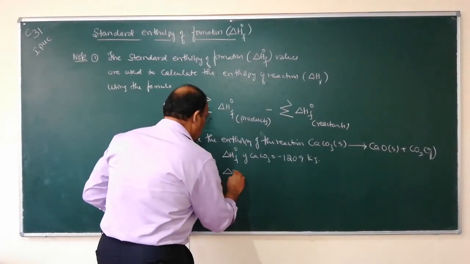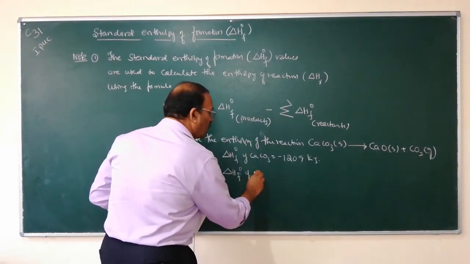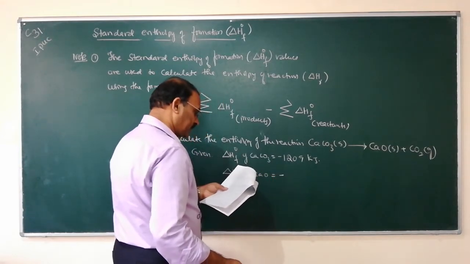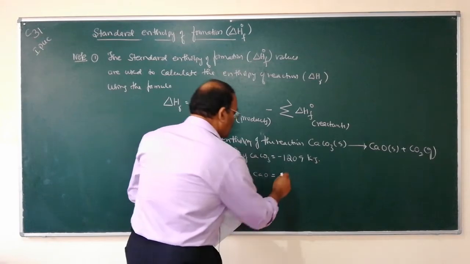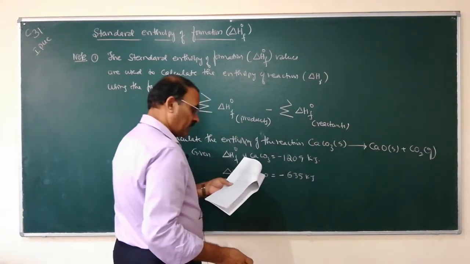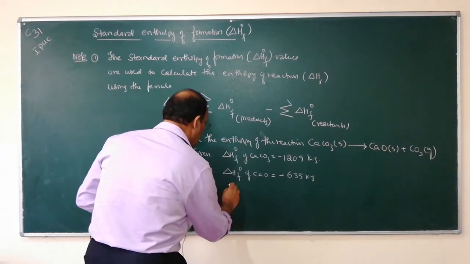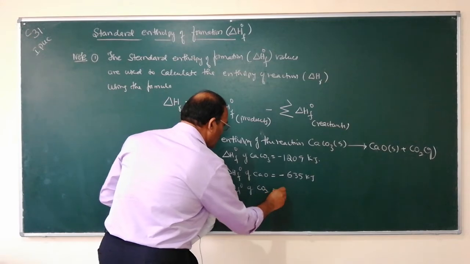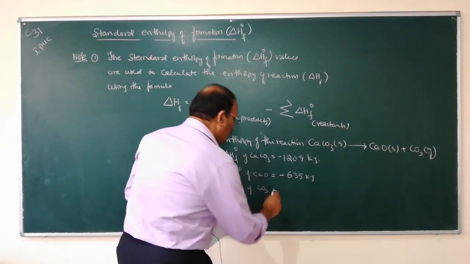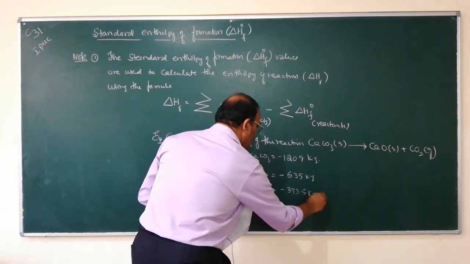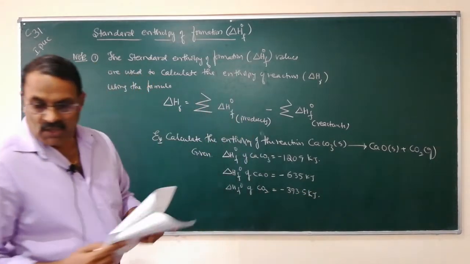Similarly, delta HF naught of CaO equals minus 635 kilojoules. And similarly, delta HF naught of CO2 equals minus 393.5 kilojoules.